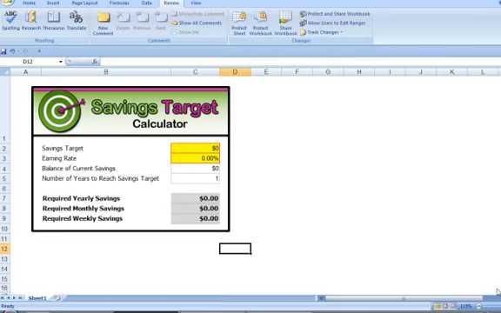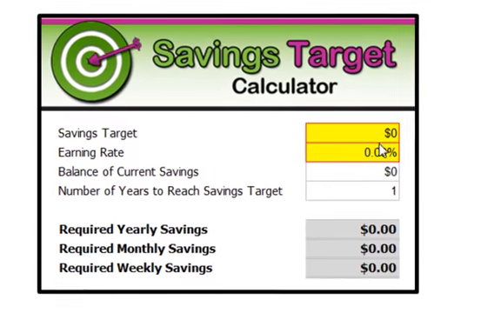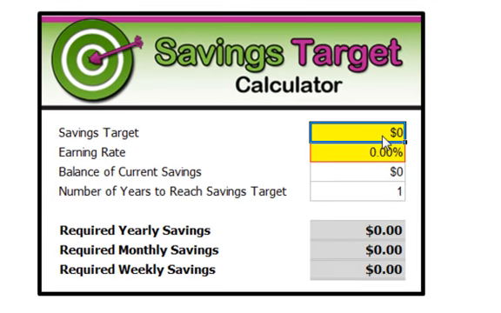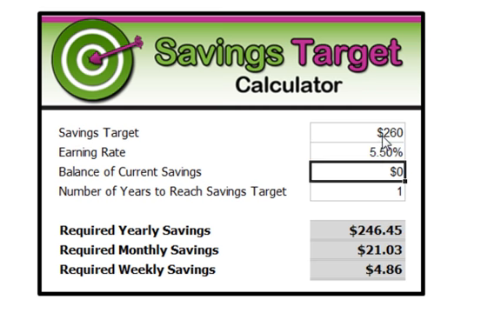So looking at our calculator, let's go and put these details in. So she wants to save for an iPod that's going to cost her $260, so we'll put that in there. And this is going to be in a bank account which is earning 5.5% interest. Now she currently has $34 saved, and she wants to save this over 12 months.